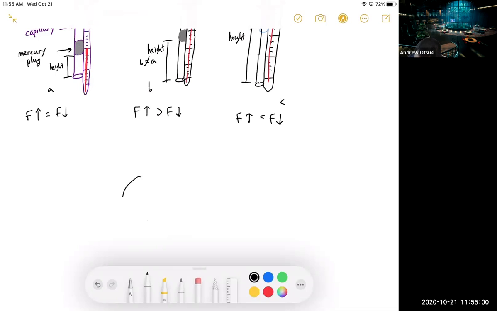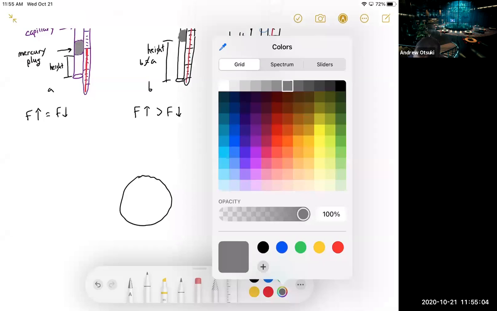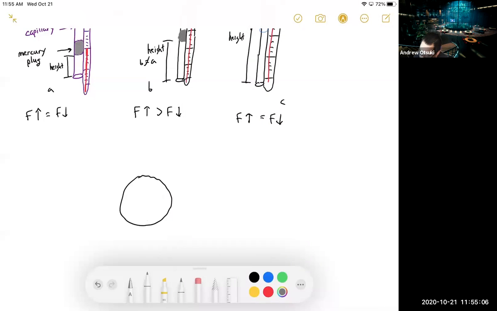Say we have a schematic here. The gray particles will look like this. This is from the bottom, so this is the bottom example, where we have a bunch of gray atoms representing the plug.